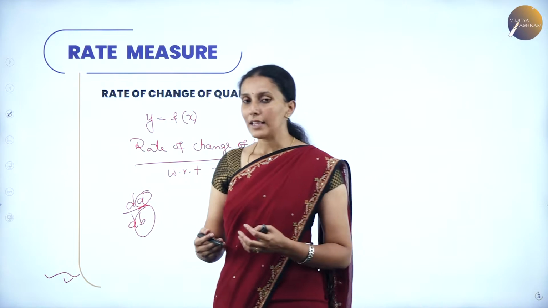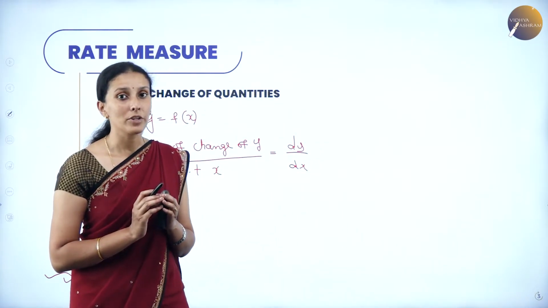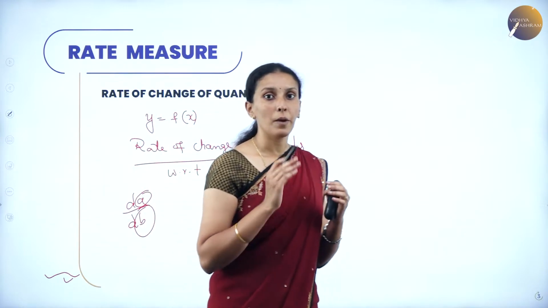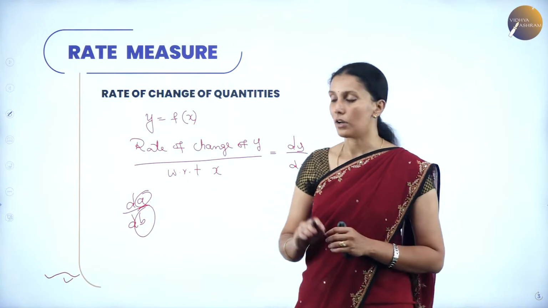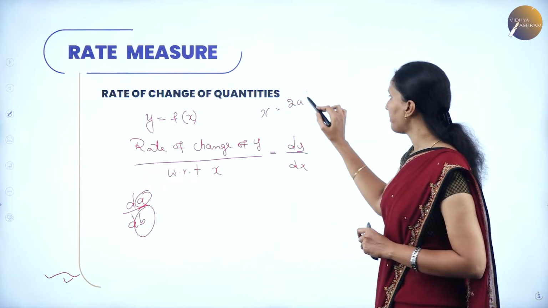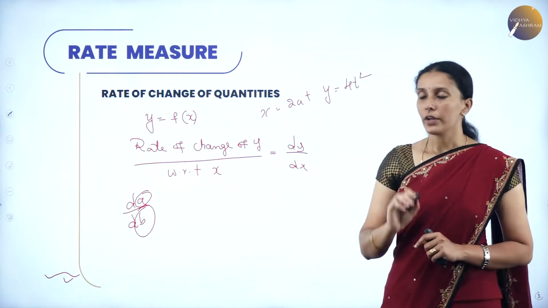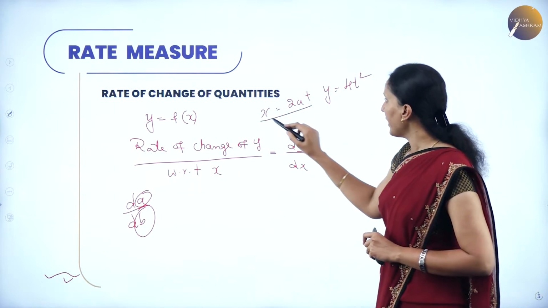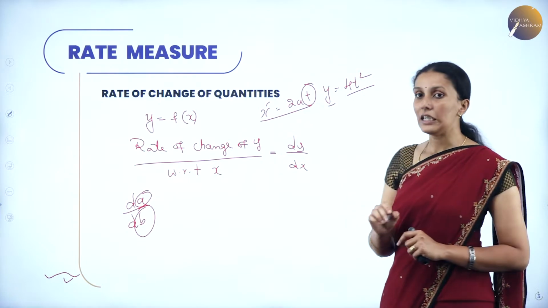Similarly, when you apply this to a parametric function, what do you mean by parametric function? A function where both x and y variables are expressed in another parameter. Suppose I take x is equal to some 2t and y is equal to some 4t square. Here, x is expressed in terms of t, y is also expressed in terms of t.